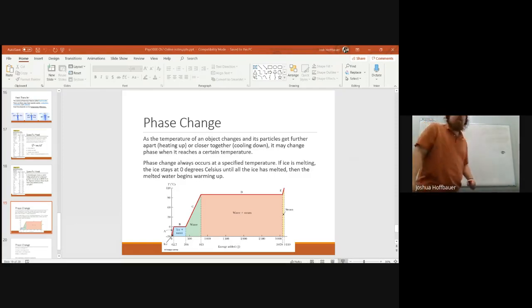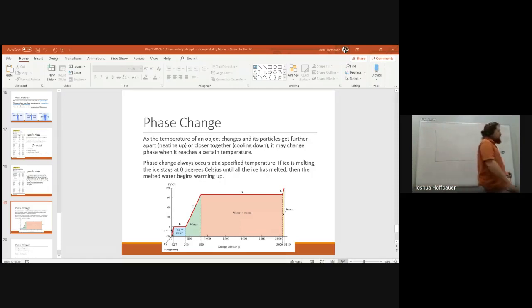And on slide 19 is a very specific graph that we're going to talk about. There's a graph on this slide that I'm going to draw up on the board so that I can point to it and color things in. This is a thermal energy versus temperature graph.